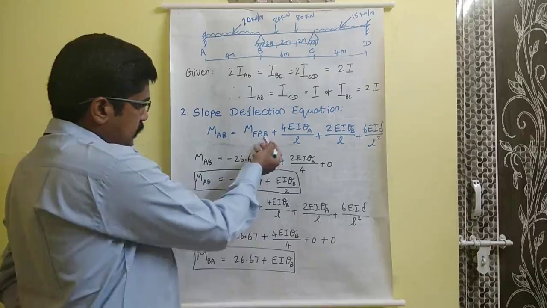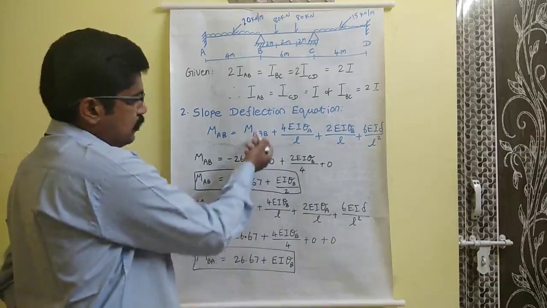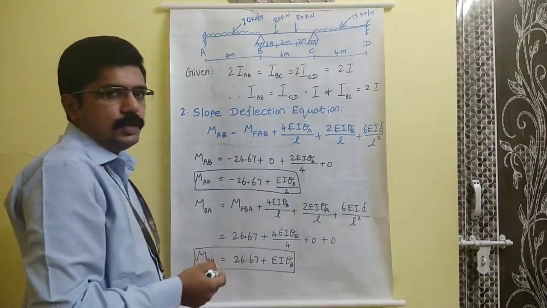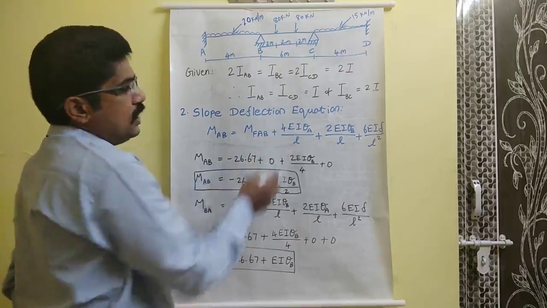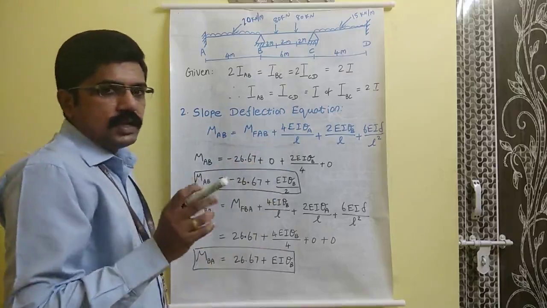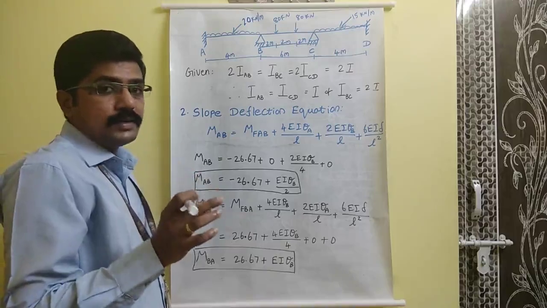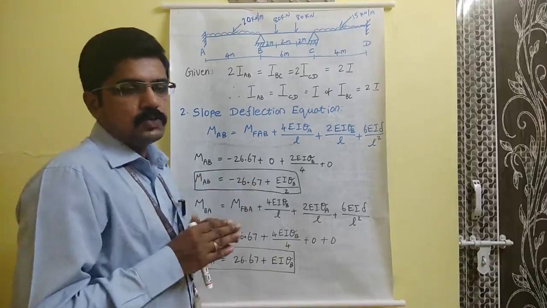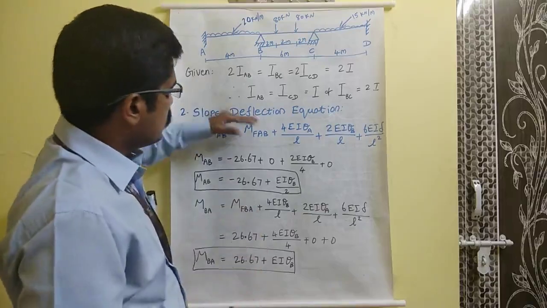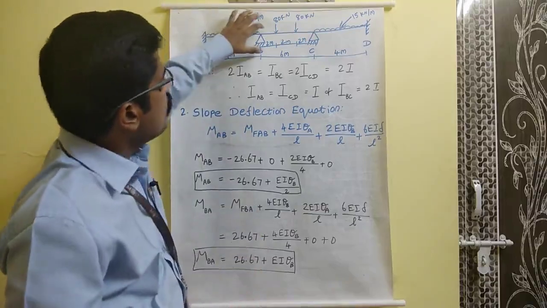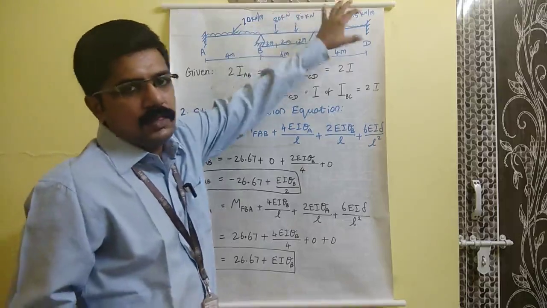By substituting the values, we know we have already calculated MFAB equal to minus 26.67. Remember, the fixed end condition we use only to calculate the fixed end moments, where all the supports are considered fixed. But while solving the slope deflection equation, we follow the actual support at that point.